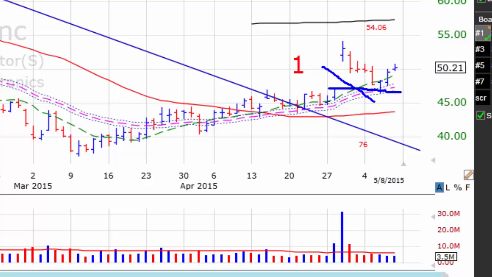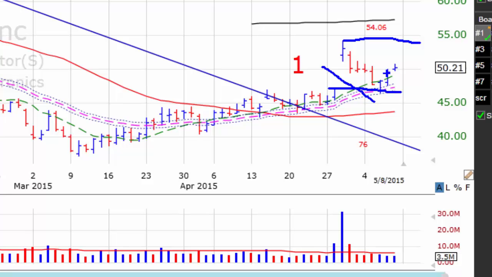When bottom fishing, I want to see the stock make a short-term high, pull back, and then our buy point becomes a break above that short-term high. And so what I want to see is GoPro break above the 54.06 level on at least 140% of average daily volume.